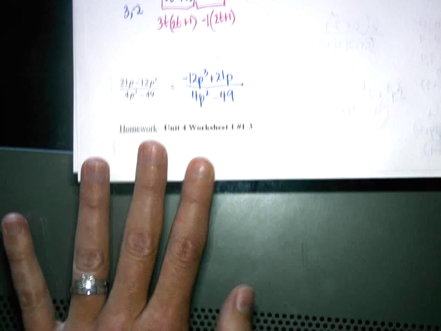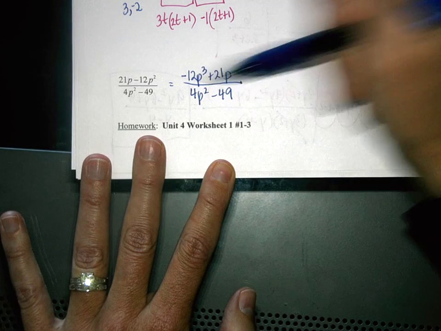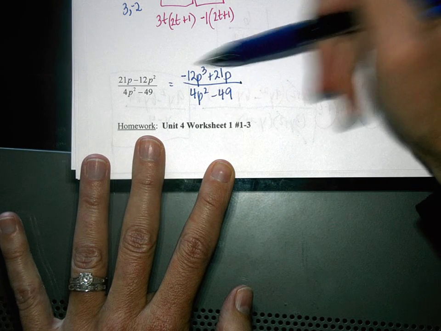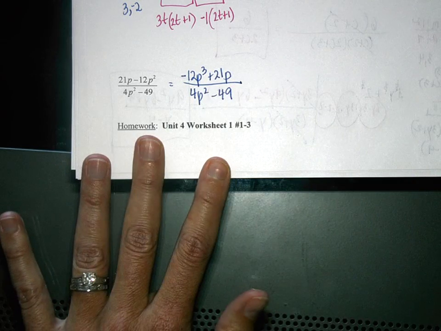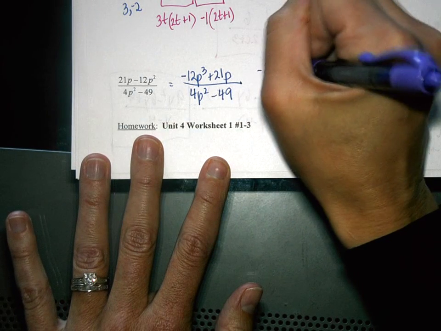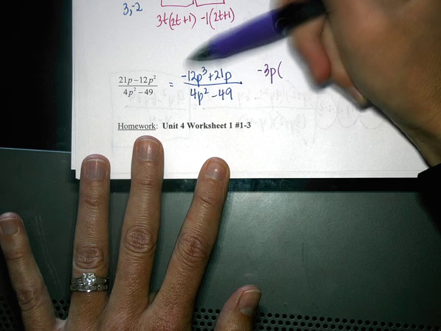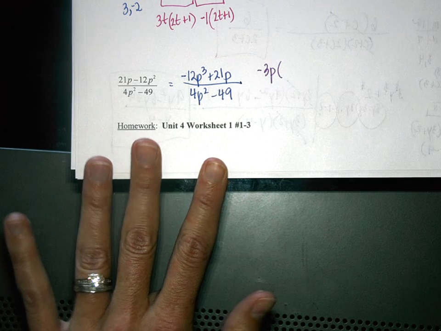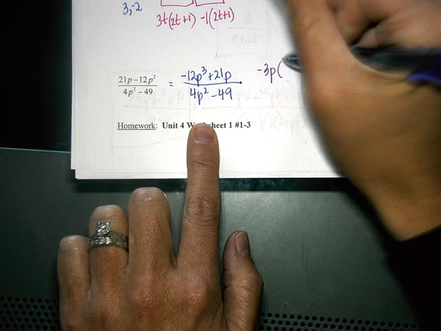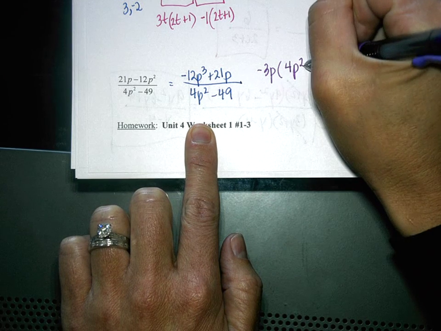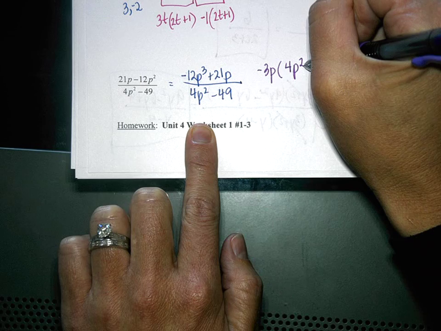I'm going to go ahead and take out, these aren't trinomials, so we're checking to see for a GCF first. The GCF at the top would be negative 3p. And again, we never want our first term to be negative, and so we factor out the negative. So negative 3p, and that ends up leaving me with 4p squared. Hold on just a second.